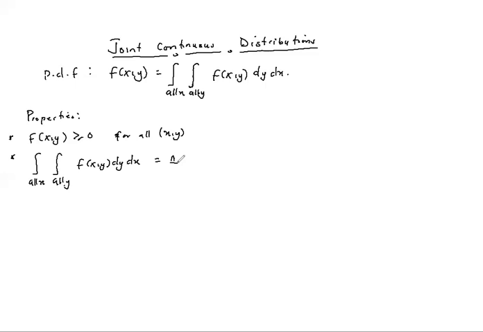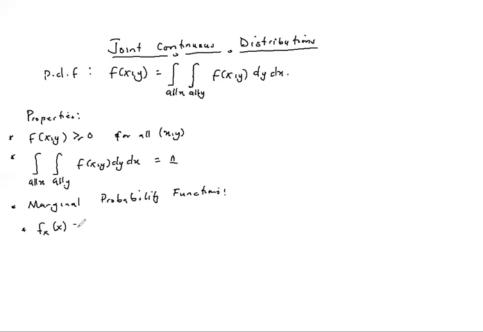Then from there, we look at the marginals, the marginal probability function. So the first one is f of x.